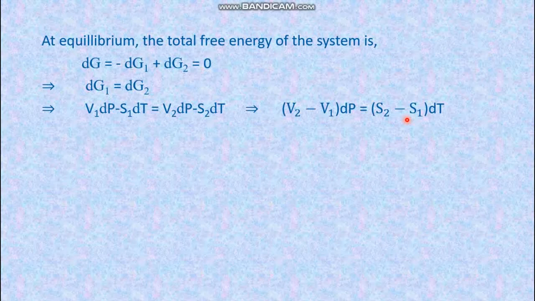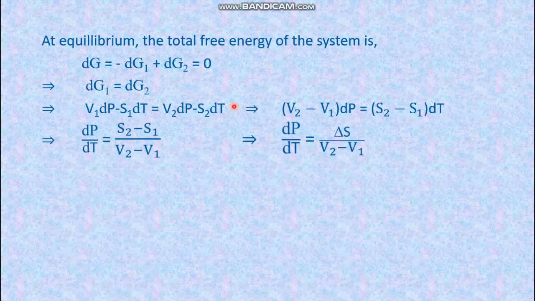And if this expression is cross multiplied, then we shall get dP by dT equals (S2 minus S1) by (V2 minus V1). And S2 minus S1 may also be written as delta S, that means change in entropy. Now if temperature T is multiplied in the numerator as well as in the denominator, there would be no change actually.